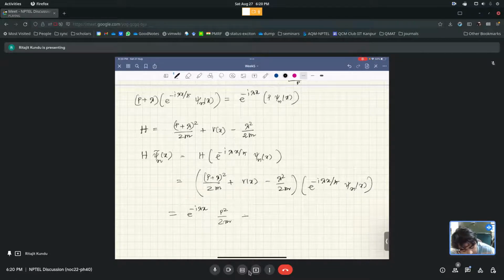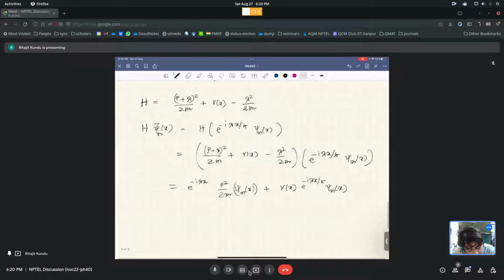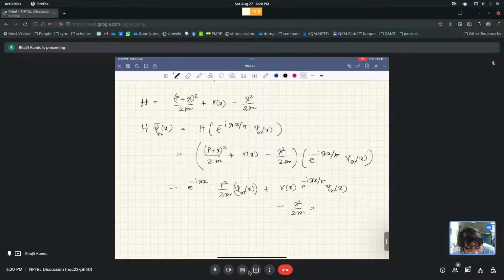V is just a function, so it doesn't do anything, it just gets multiplied to the whole thing. Then there is this minus lambda square by 2m, which is just a number, so I'll just multiply this as well.